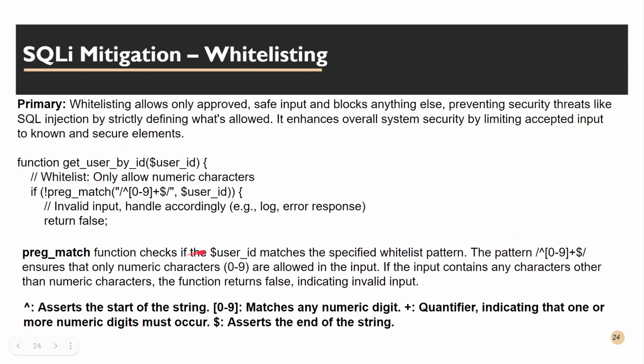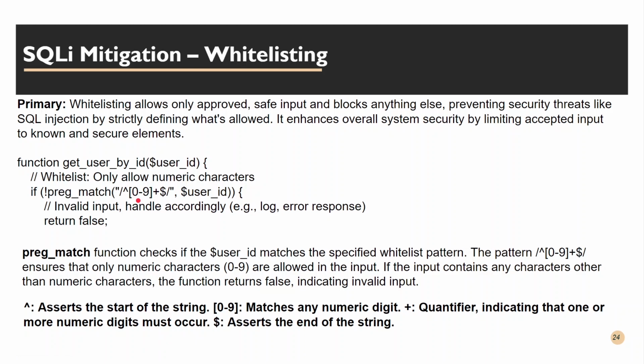Now regarding the regular expression, first of all, we have the slash, which just indicates the start of a regular expression. Then we have the caret symbol, which asserts the start of the string. Then we have the 0 to 9. This is basically telling us that whatever value we are expecting should fall between the range of 0 to 9 and nothing else. And then we also have the plus, which is a quantifier indicating that one or more numeric digits must occur.